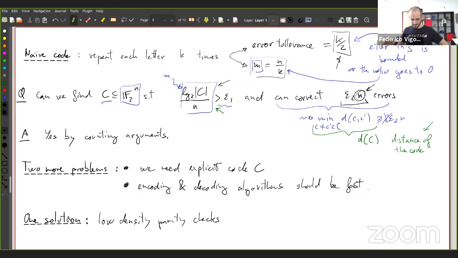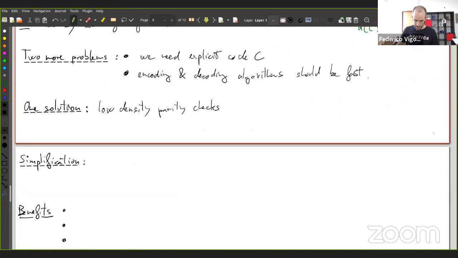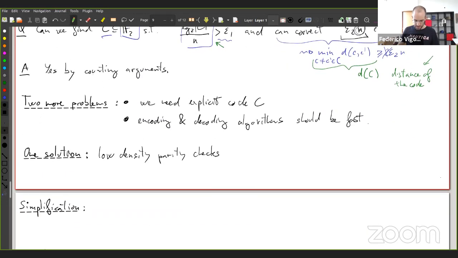Is the problem clear? We're trying to find a big subset of F2 to the n where all the elements are at big distance from one another, where big means linearly. We want to find the bound that depends linearly on n. Okay, so we start off with a simplification.